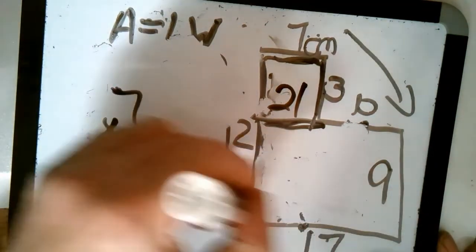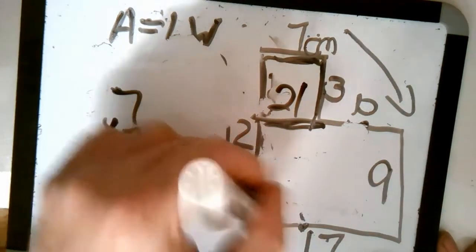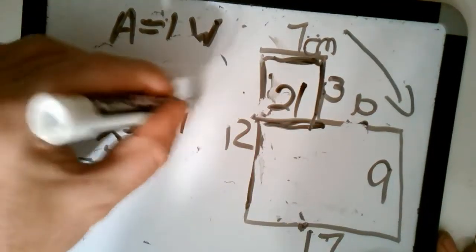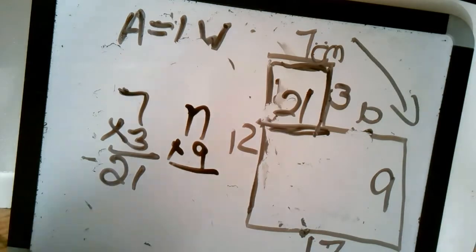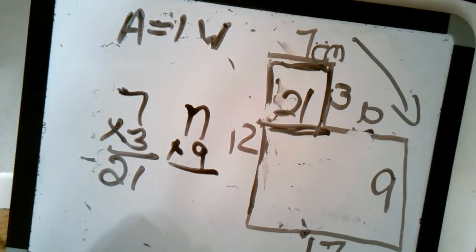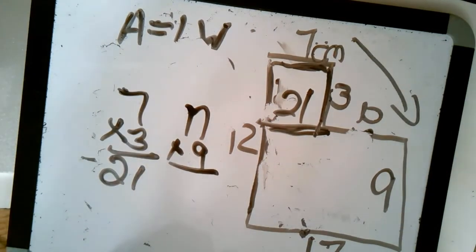Okay? So I look for here. 17, the whole length, times the width is 9. So 17 times 9. Okay? 7 times 9. I'm drawing a blank on 7 times 9. But I know 7 times 6 is 54. And that's 1 off.